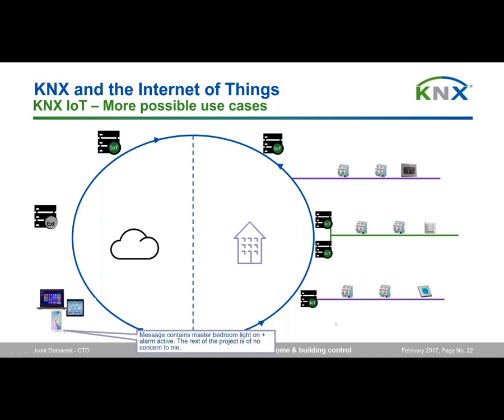So the message contains master bedroom light on and alarm active, and the rest of the project is of no concern to me. So if I receive this message, master bedroom light on, alarm active, then I will perform the action that is programmed in my user interface.